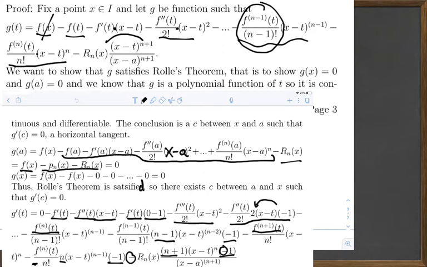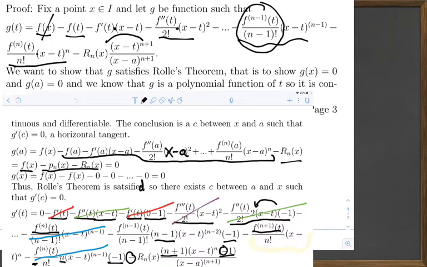And then we'll notice some canceling going on. The negative f prime of t and positive f prime of t will cancel. The f double prime of t times x minus t will cancel. The nth derivative evaluated at t over n minus 1 factorial times x minus t to the n minus 1 will cancel.